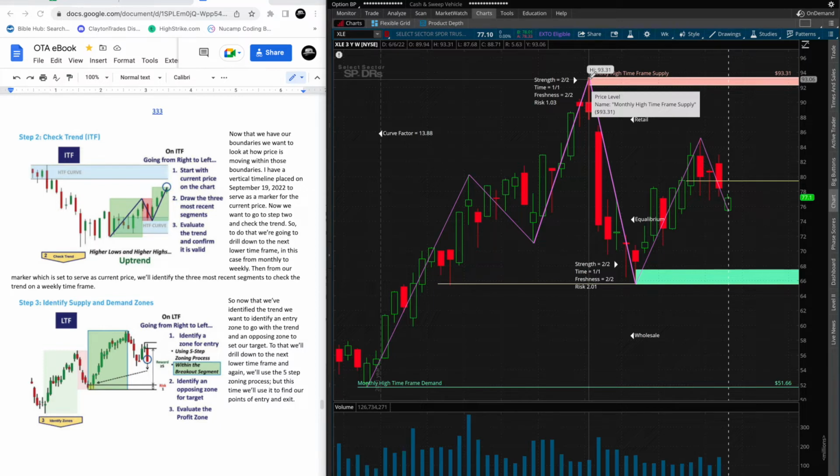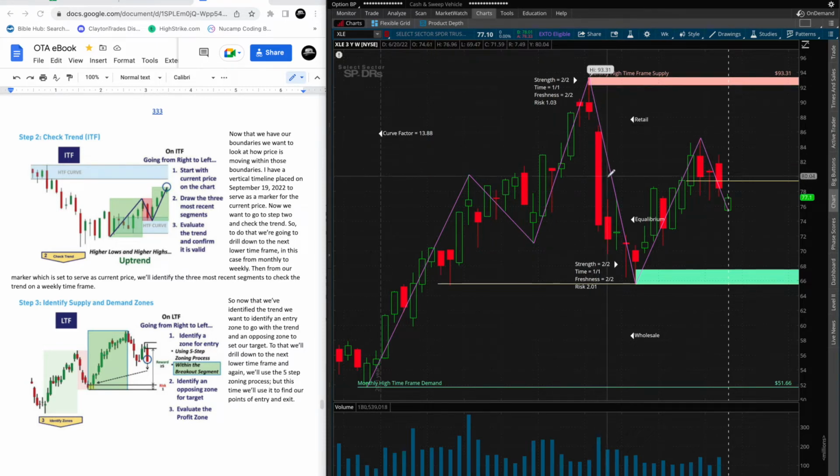Now I did go back a little farther, but all you would need to do to identify the trend is to look at the 3 most recent segments. But I chose to go back farther just to get an idea of what took place. I can see that at one point there was an uptrend.